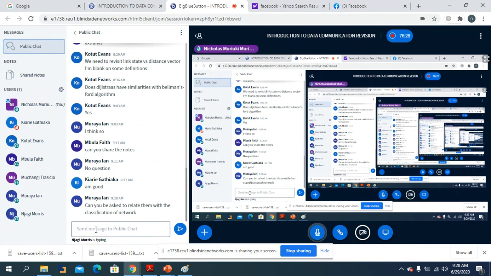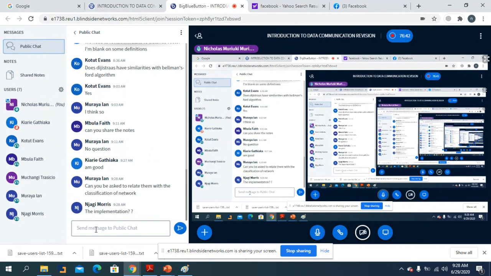I don't see them asking you a question on classifying them into different types of classifications, because in this case we only have two: peer-to-peer, that is point-to-point, and the next one, server-based. And when you talk about server-based, you know that if you are using a connection of many computers, you must use a server. So I think it's very hard.